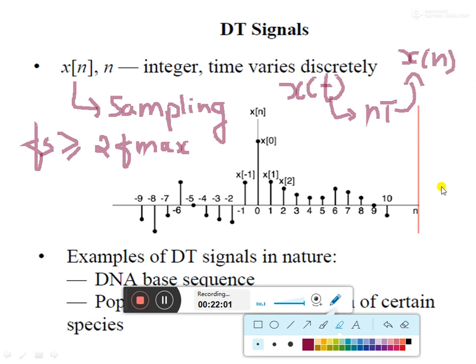This is the process that is followed to convert a continuous time signal to a discrete time form, where the independent variable time t is replaced with n into capital T, where capital T is equal to the reciprocal of the sampling frequency, 1 by Fs.